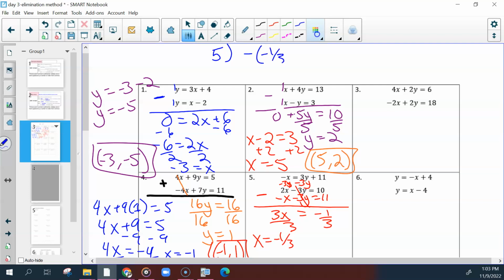Negative times negative 1/3 minus 3y equals 11. And we would solve for y. This would become a positive 1/3. We would solve it like a regular equation. Subtract 1/3 to the other side.